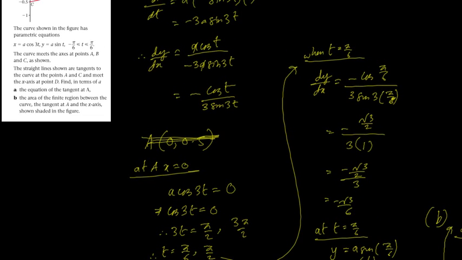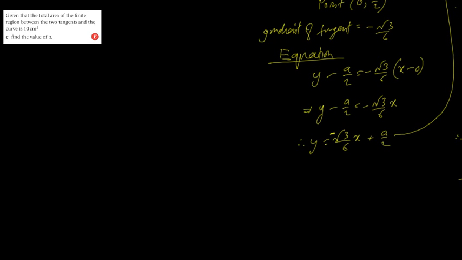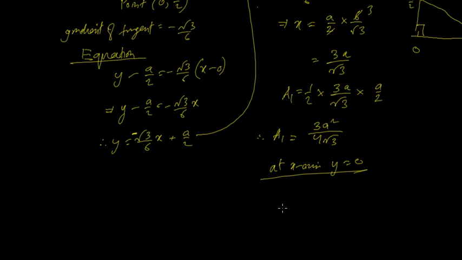So y equals a sine t. Therefore a sine t equals 0, therefore sine t equals 0. That makes t equal to 0 degrees, 180 degrees and 360 degrees.